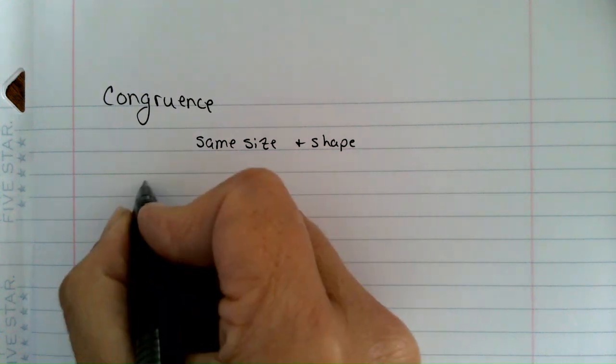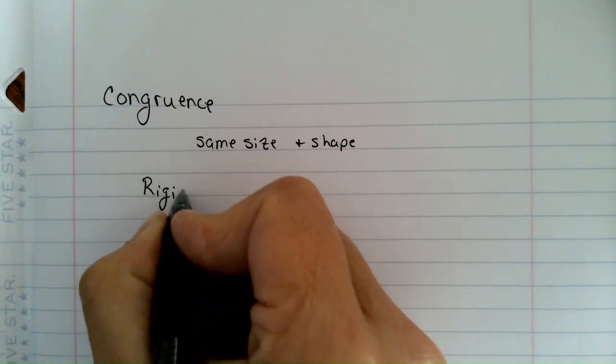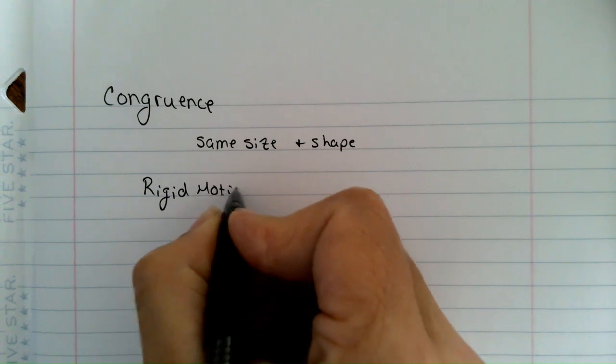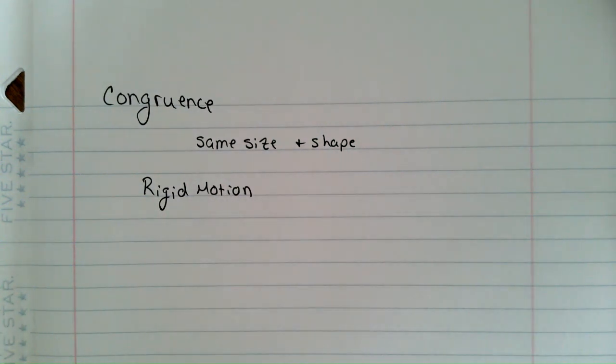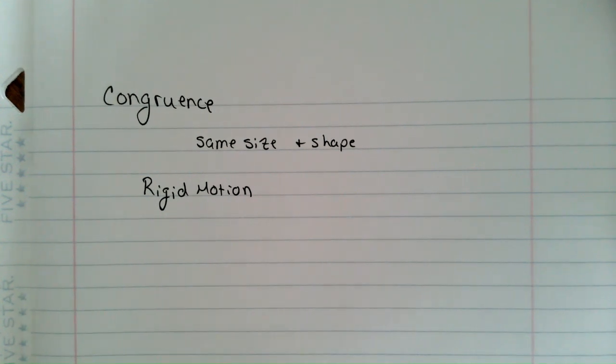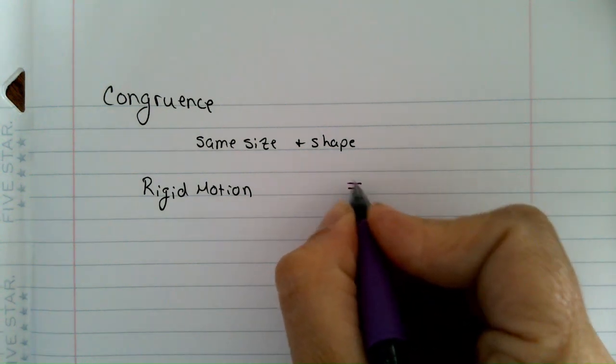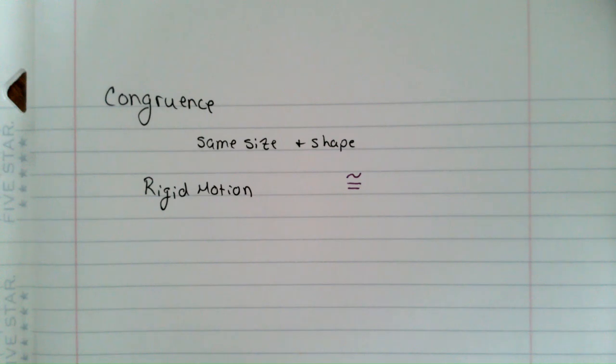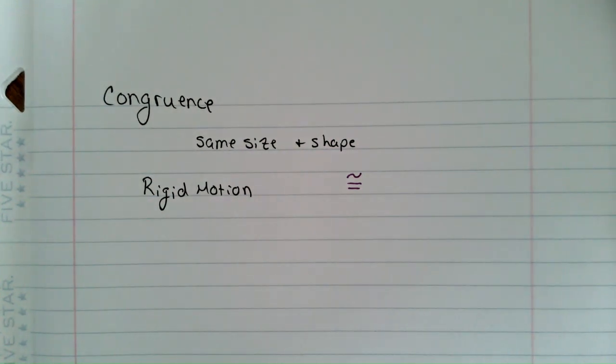Technically you could use rigid motion to map one onto the other, like a congruence transformation, so like a slide, a reflection, a flip, whatever. But the big thing is when we're talking about congruent, we are going to use a congruence sign with this, because we're not saying they're the same thing. We're saying they have the same size and shape.